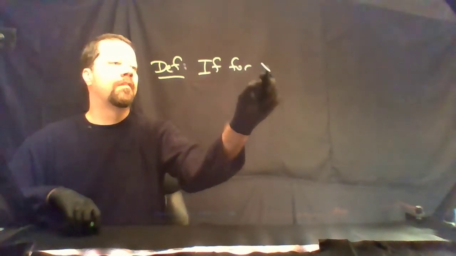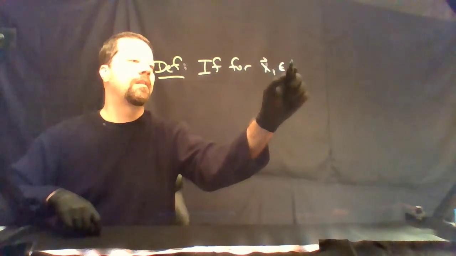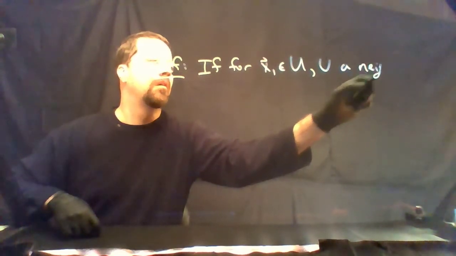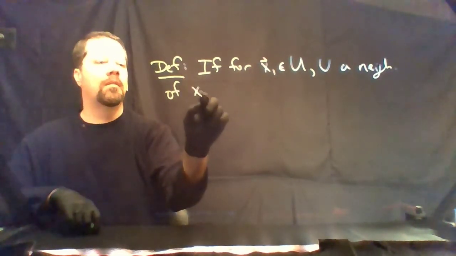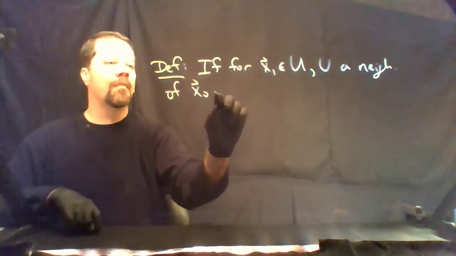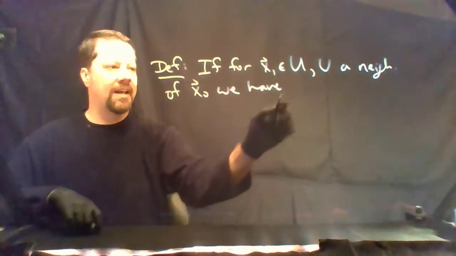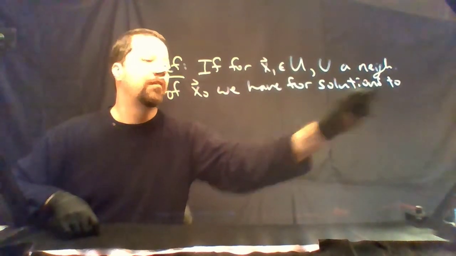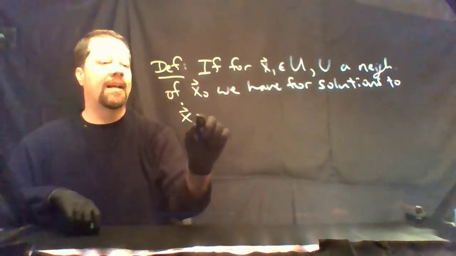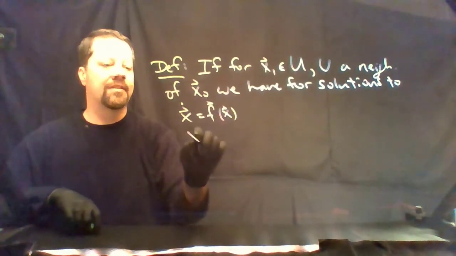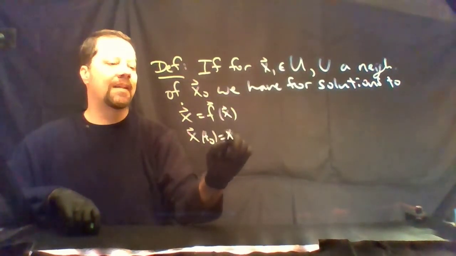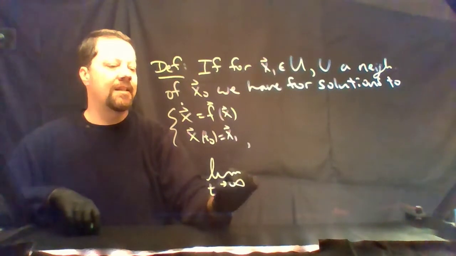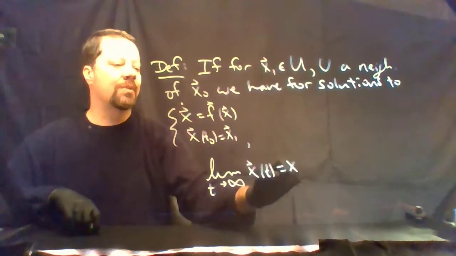If for x1 in some neighborhood U of x naught, we have for solutions to the initial value problem, x dot equals f of x, x of t naught equals x1, the following condition, the limit as t goes to infinity of x of t equals x naught.